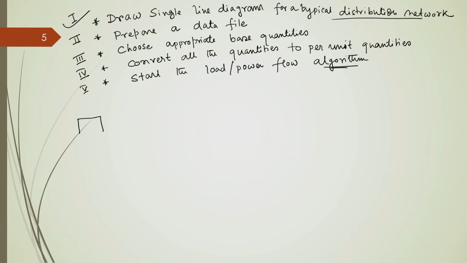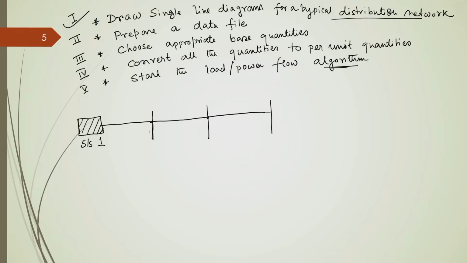So, suppose this is my substation, and I will call this particular substation node 1 or bus 1. Okay. Then we have a single feeder which has a few nodes. This is one node, this is another node, and this is another node.